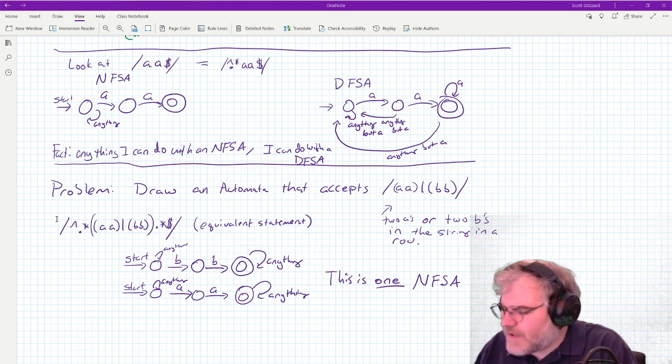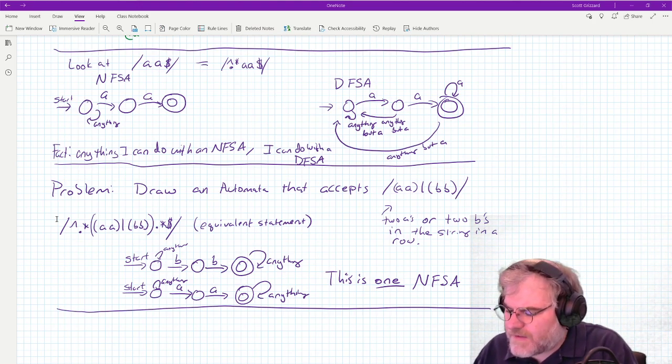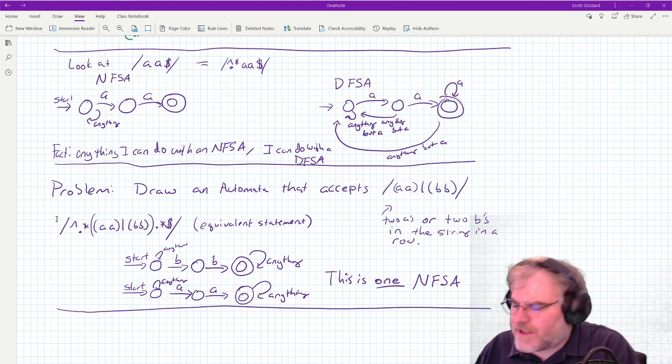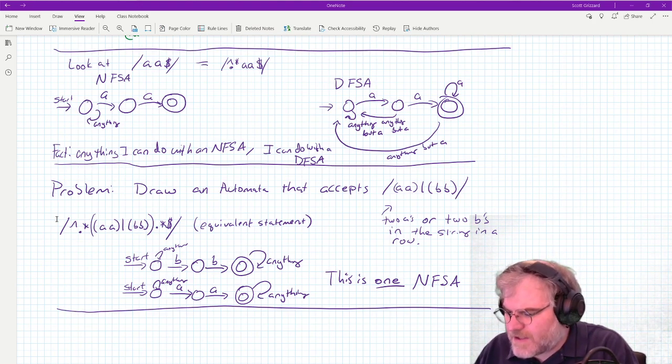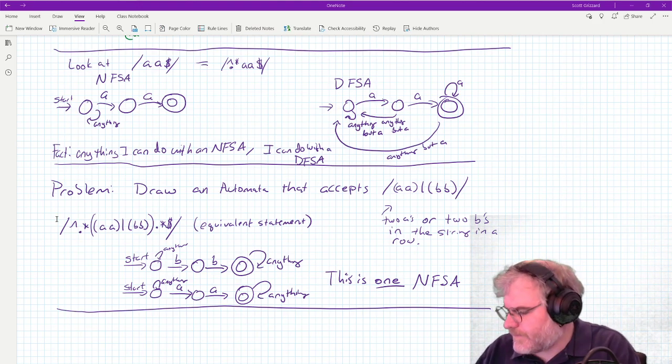Now, to answer that question, what I was doing before: there's an easy algorithm to convert regular expressions to non-deterministic finite state automata. And then there's an algorithm to convert non-deterministic finite state automata to deterministic finite state automata. And that's actually how Kleene's theorem works.